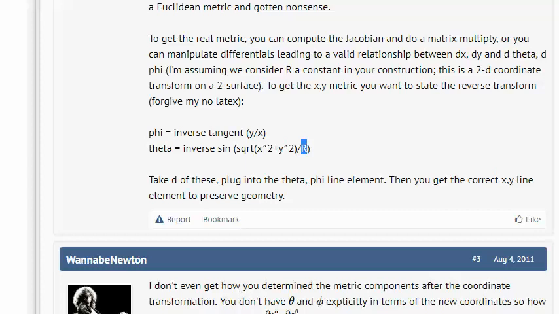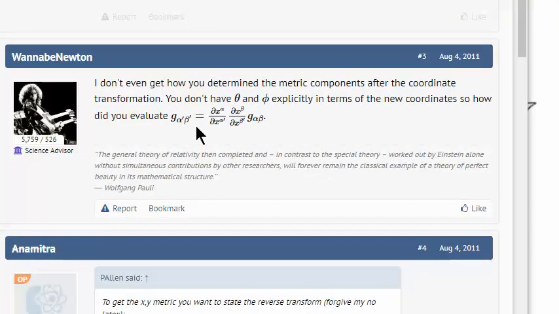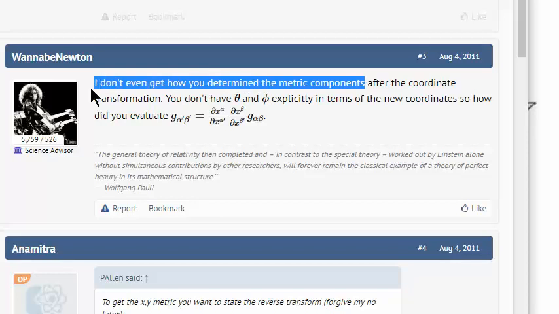It's going to give him a problem. Okay, then Wannabe Newton comes along and says, I don't even know how you determine the metric components after the coordinate transformation. You don't have theta and phi explicitly in terms of the new coordinate, so how did you evaluate g alpha beta times g alpha beta?